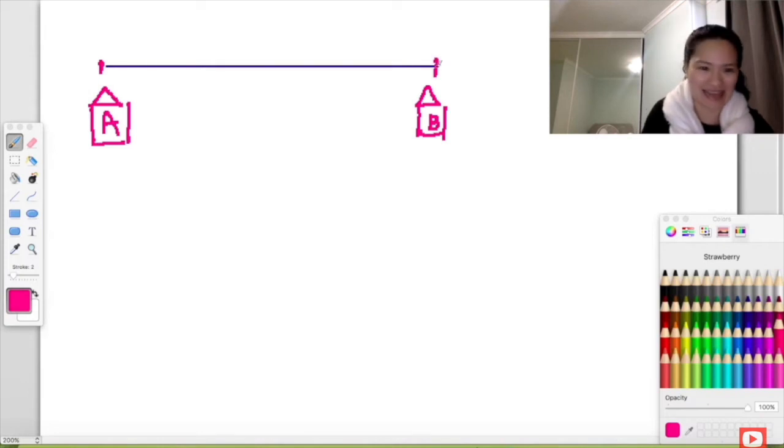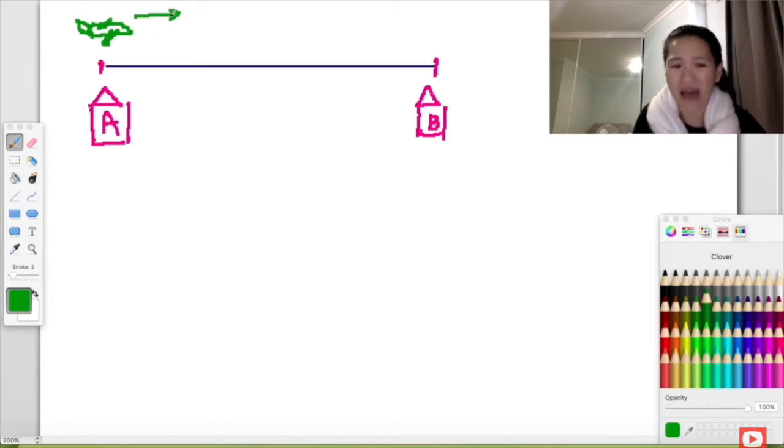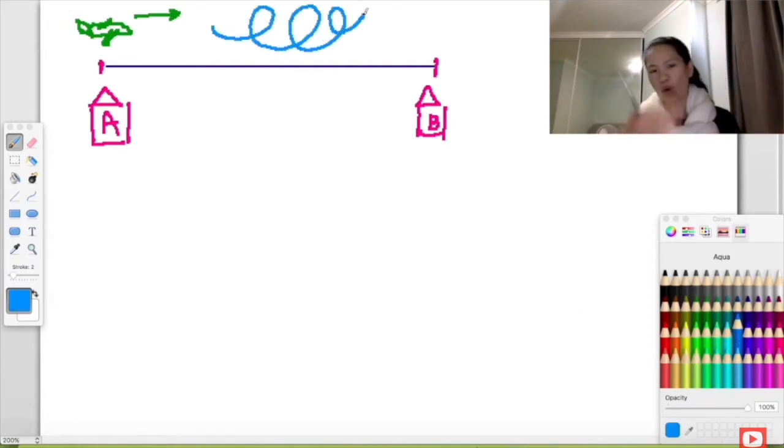Here is the plane. Let me draw the plane. Hope it looks like a plane. The plane travels from A to B, this way. But you have to remember that not only is there the speed of the plane, they still have the wind here as well that supports the plane to go faster.